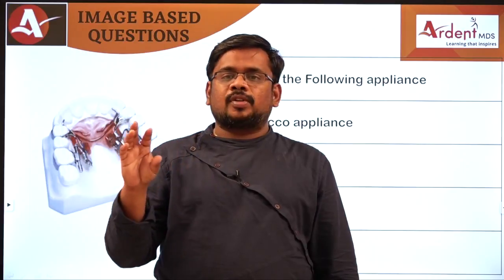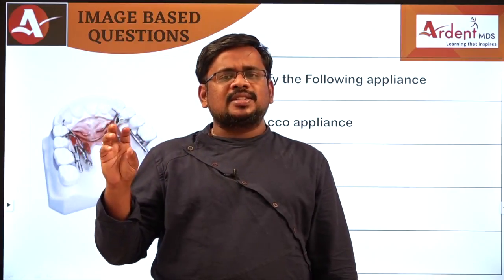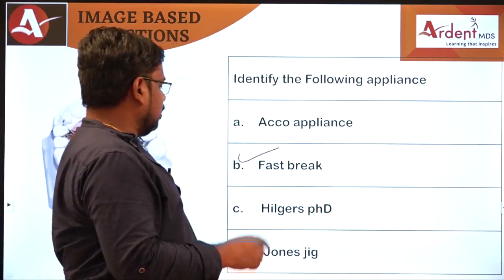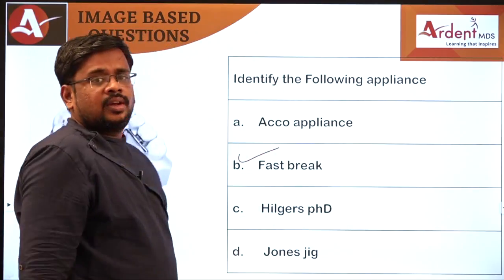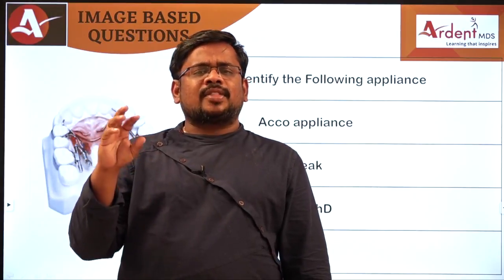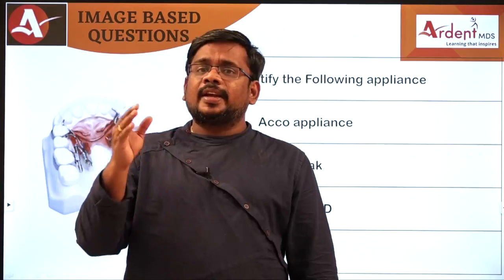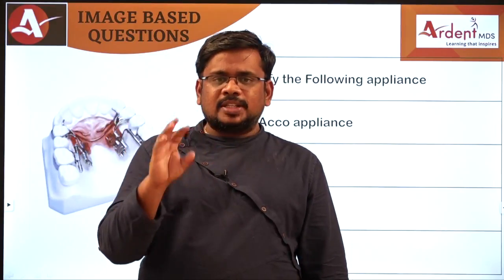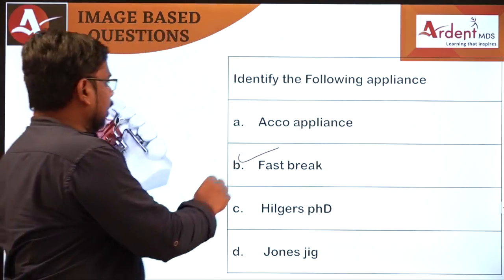These are some examples of extraoral appliances for distalizing the molars. Coming to the intraoral ones: Fast Back, Jones jig, pendulum appliance, distal jet. These are some example appliances for intraoral distalizing of the molar. So these are the points you have to know related to this.